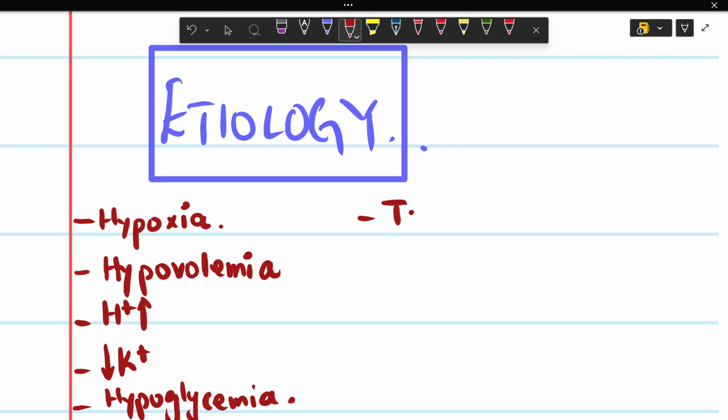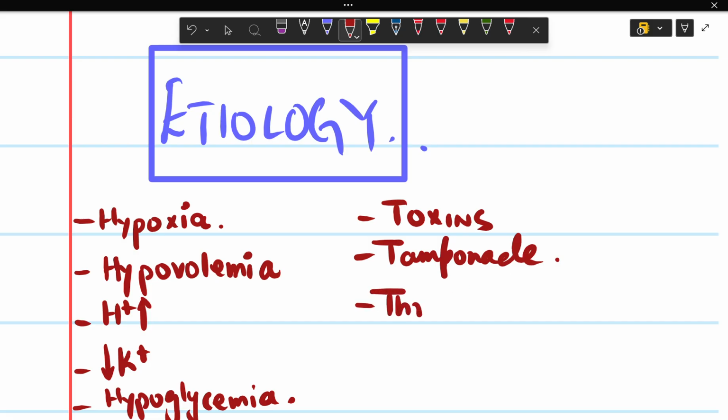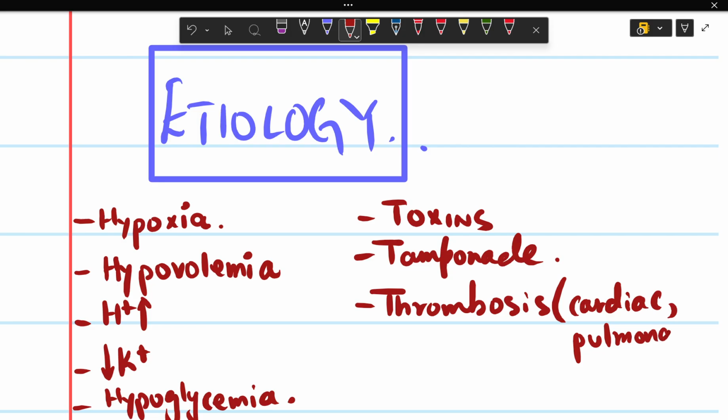Toxins, certain toxins are also bradycardic. Cardiac tamponade, thrombosis. Now, which type of thrombosis am I talking about? Cardiac or pulmonary thrombosis. Both of them can contribute to bradycardia.